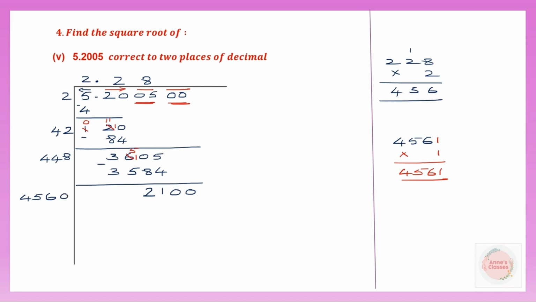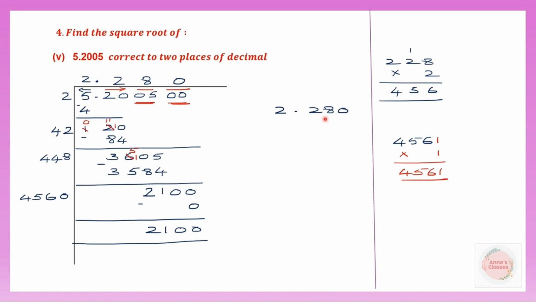If I put a 0 here, I'm going to multiply by 0, because 4560 into 0 is 0. So when we subtract this, we get 2100. Now we have to go back to our quotient. Our quotient is 2.280. Now the question is correct to 2 decimal places.